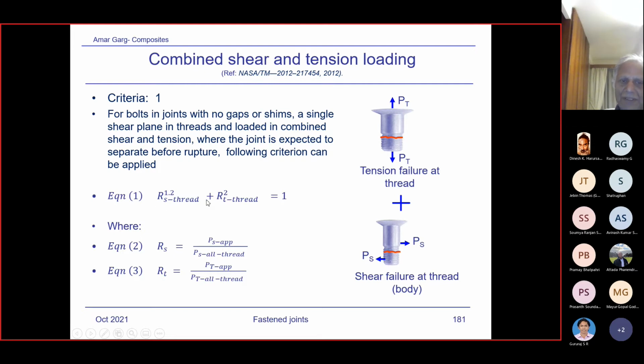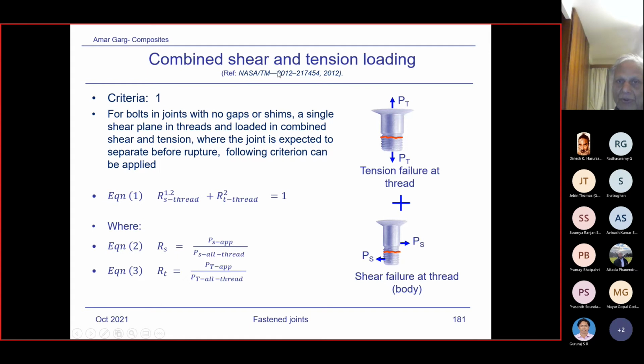So this is the criteria. Normally, you will find in the shear and tension criteria a quadratic relationship, that is, shear squared plus tension squared equal to 1. That may be true in some cases, it may not be true in others, and that is why it's a good idea to consider the real criteria based on some test data.